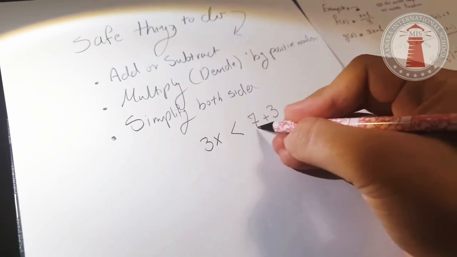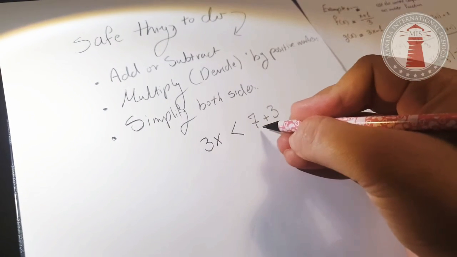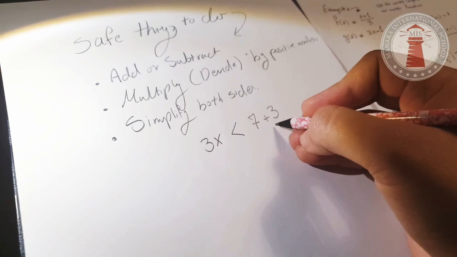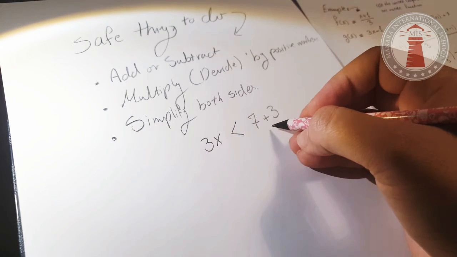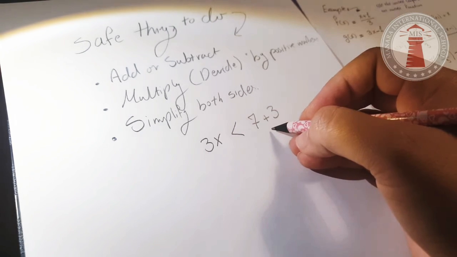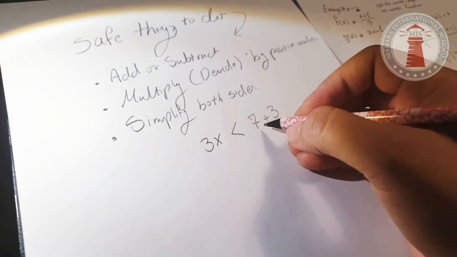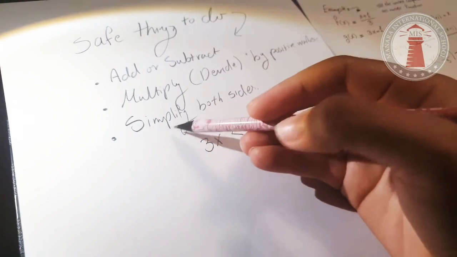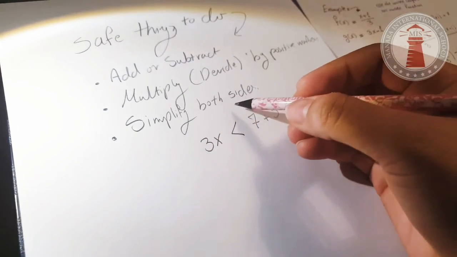Now here we have a certain mathematical procedure to use, which is just 7 plus 3. It's something that we can do, which, like I said before, is called simplifying a side or both sides.